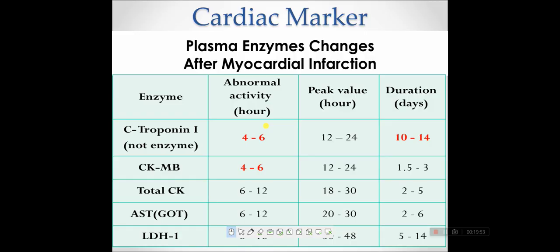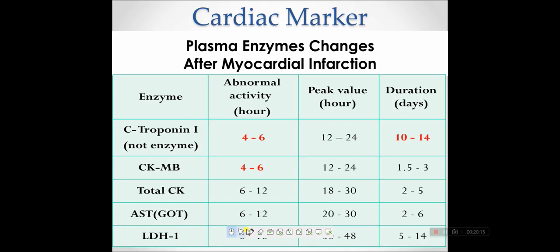Next is CK-MB. CK-MB is also detected between 4 to 6 hours, the peak value is 12 to 24 hours and the duration remains for 1.5 to 3 days. Total CK is diagnosed after 6 to 12 hours, the peak value is 18 to 30 hours and it remains for 2 to 5 days.